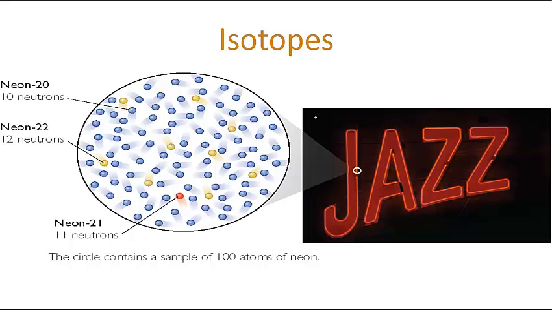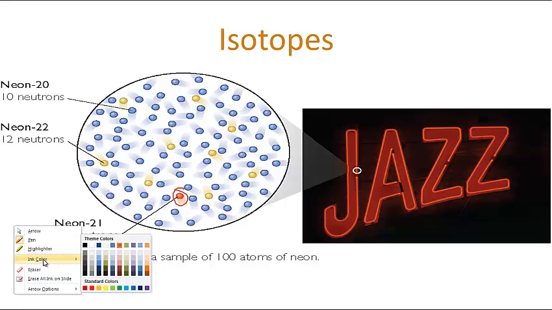If there are 100 atoms of neon in this picture, like from a neon sign, and we zoom in tons and tons of times, in this sample of 100, we have one atom that is neon 21, so it has 11 neutrons to go along with the 10 protons.